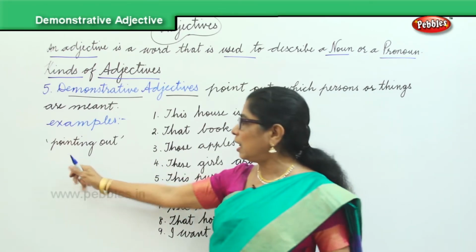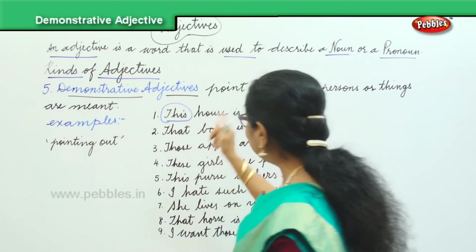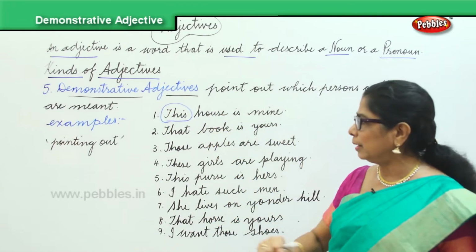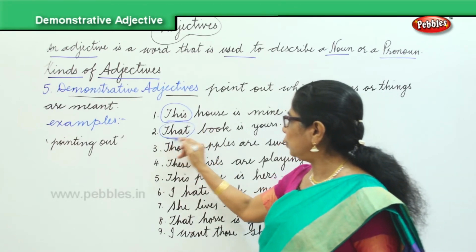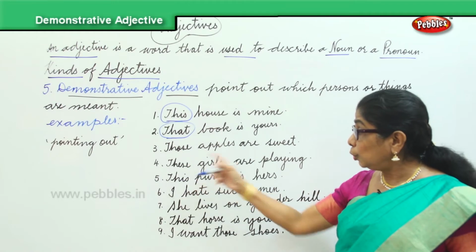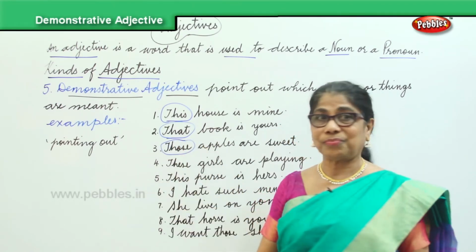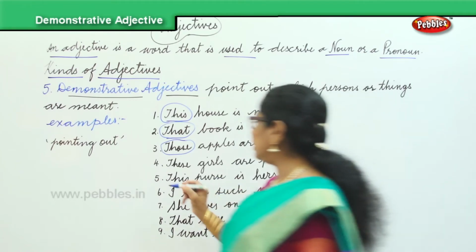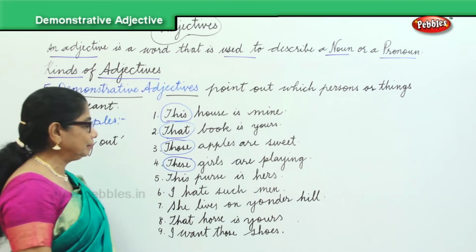So we are pointing out to this house. This one, not that one. This house is mine. That book is yours. Those apples are sweet. These girls are playing.